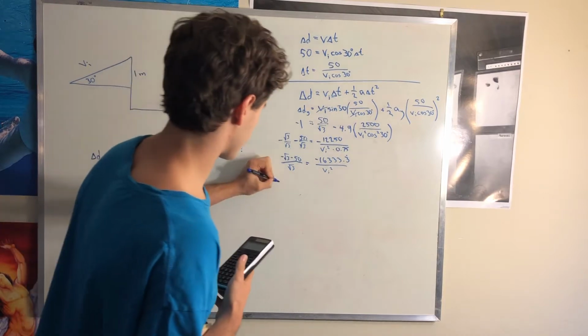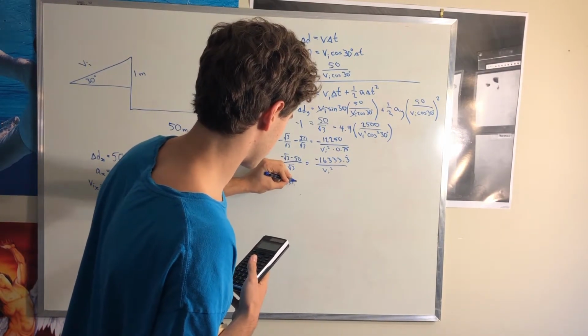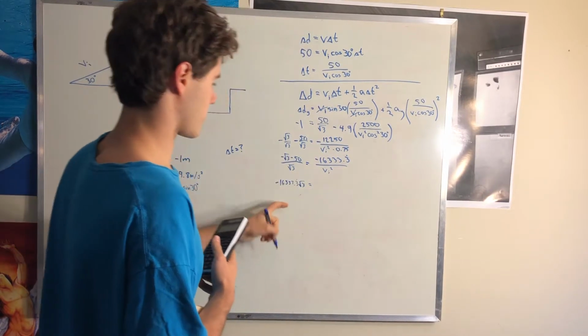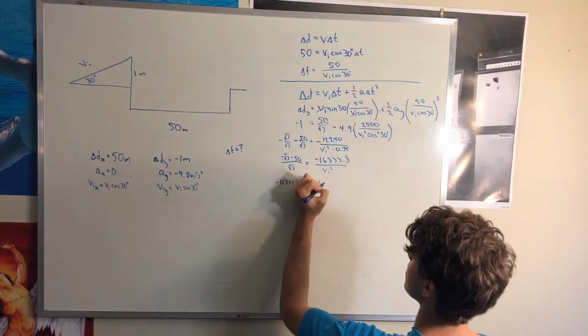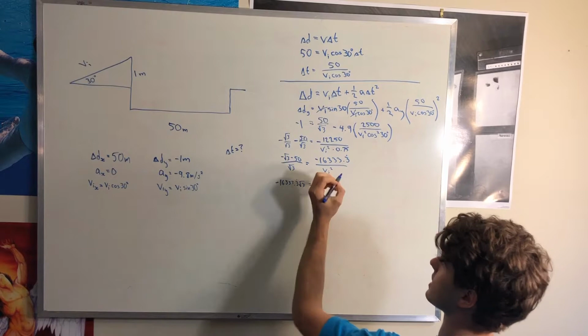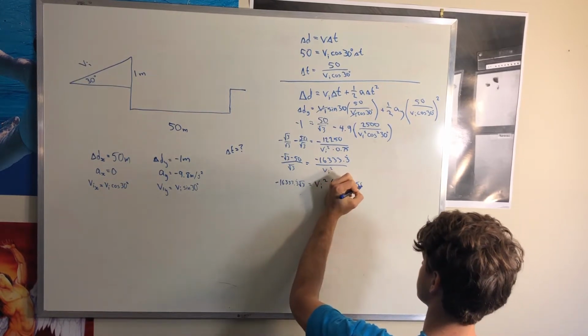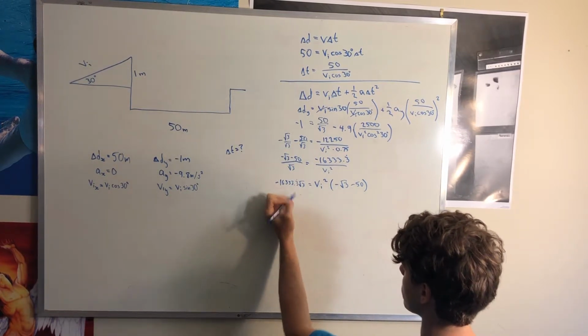So I'll just write negative 16,333.3 forever times root 3. A lot of 3's on this side. Equals vi squared times this. All right, so this is what we have now. Already looks much better than what we had before.